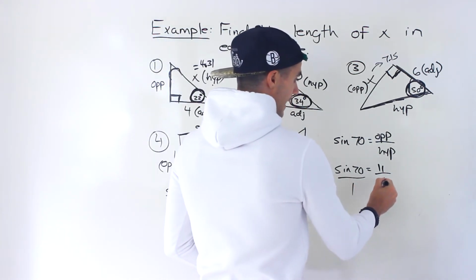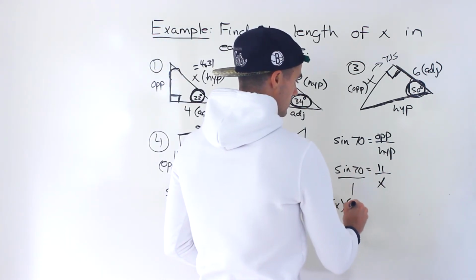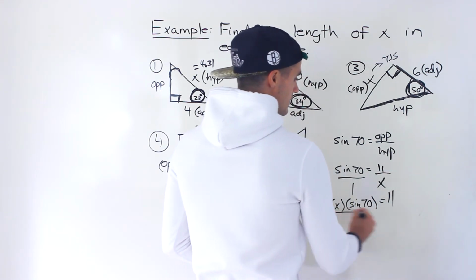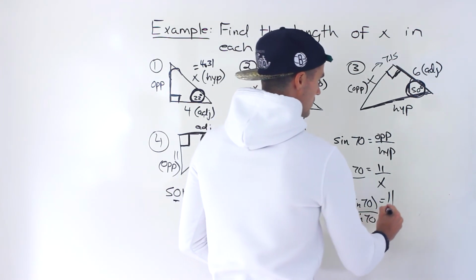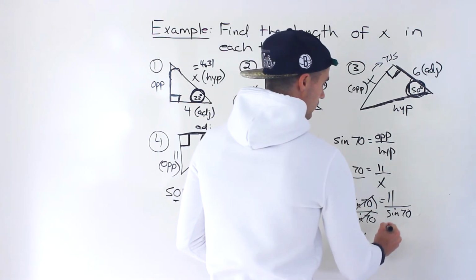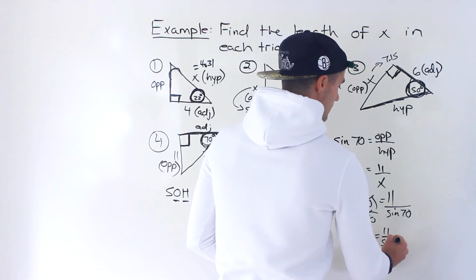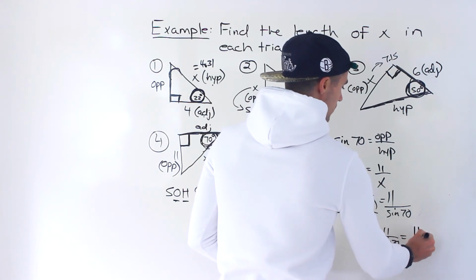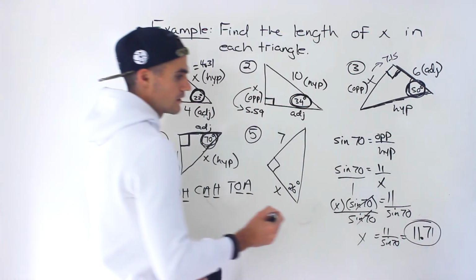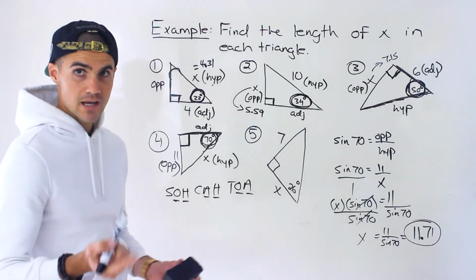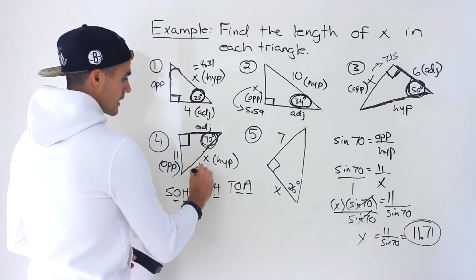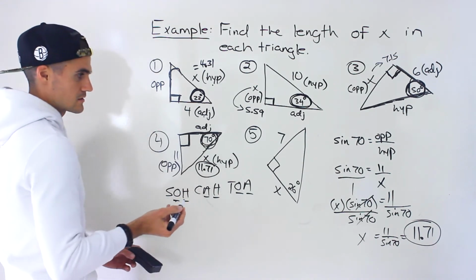Cross multiply: x times sine 70 is equal to 1 times 11. Divide both sides by sine 70. These cancel out, so we end up with 11 over sine 70. That's what x is going to be. When you put it in your calculator, it will be approximately 11.71. Right, 11 divided by sine 70 is 11.71. So that would be this length over here for x.